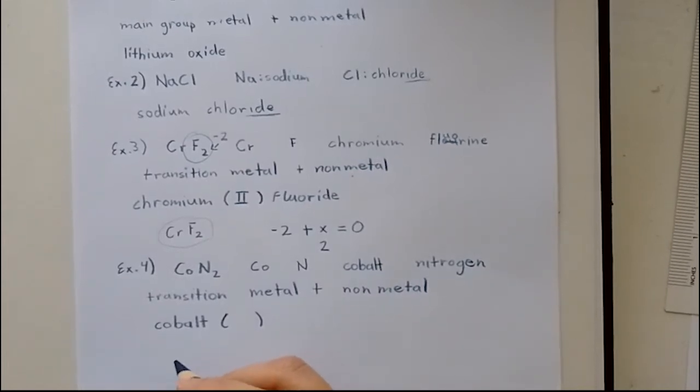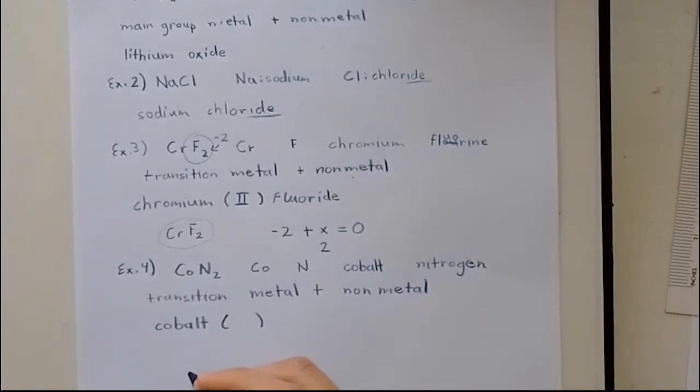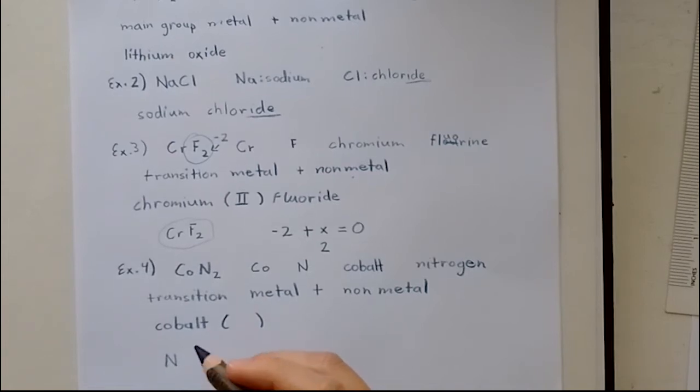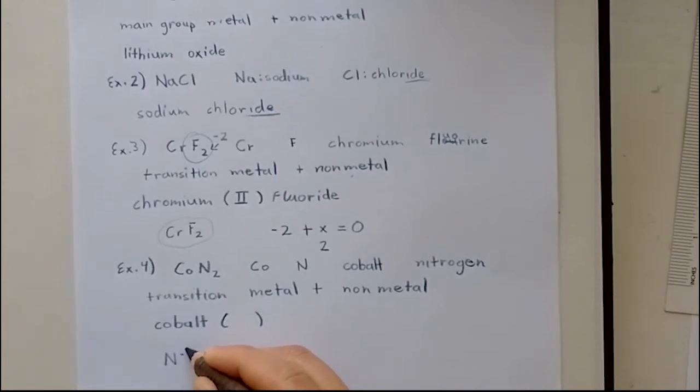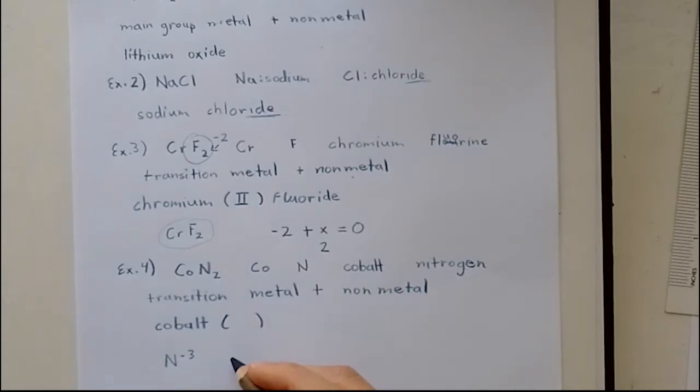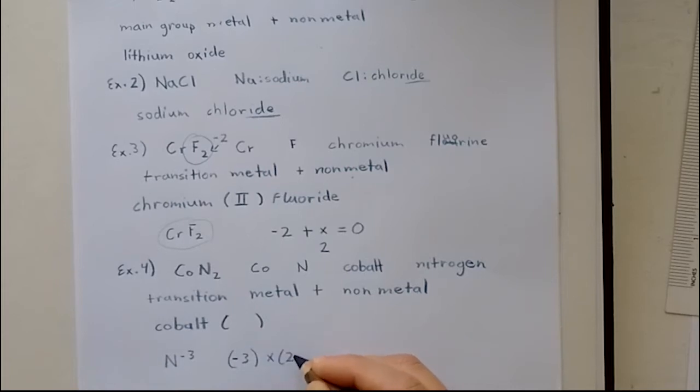Okay, and from the periodic table, we know that nitrogen, when it has an ionic charge, is -3. Now we do have two nitrogens, so -3 times 2 is -6.